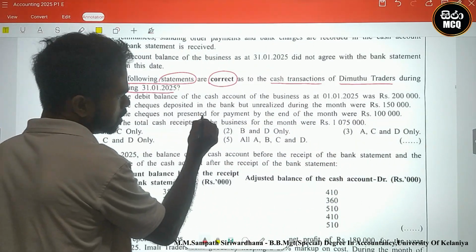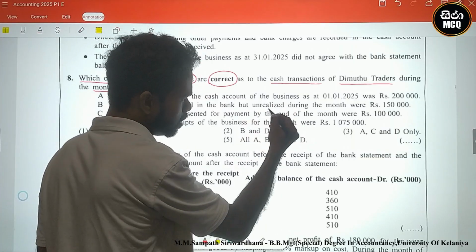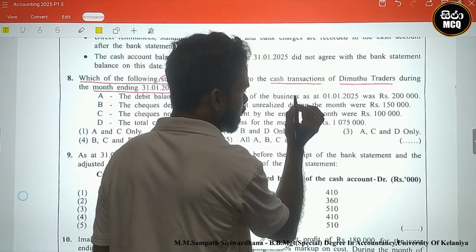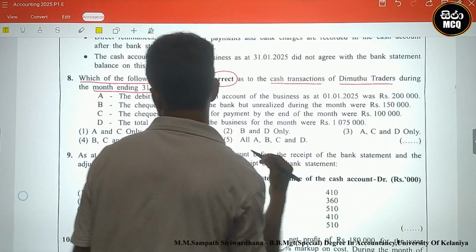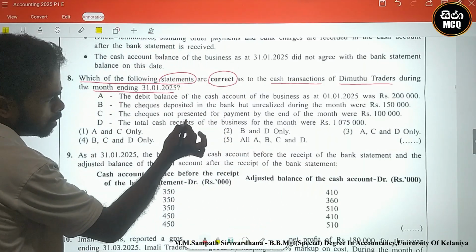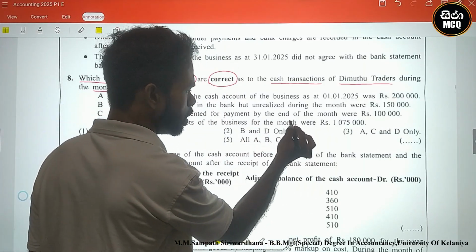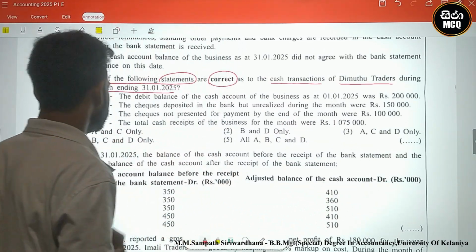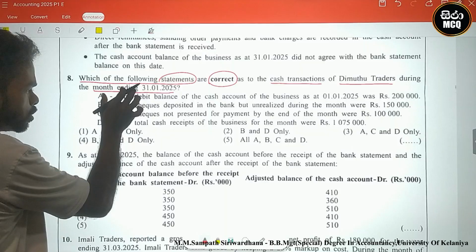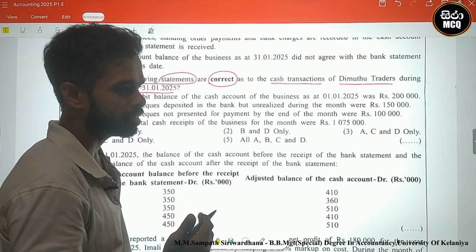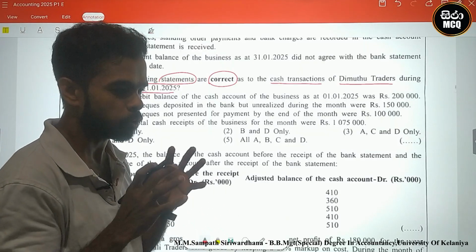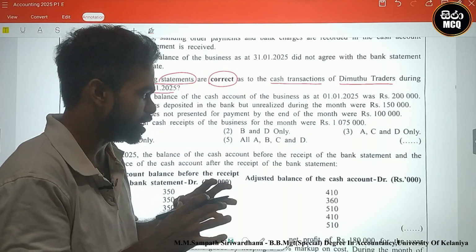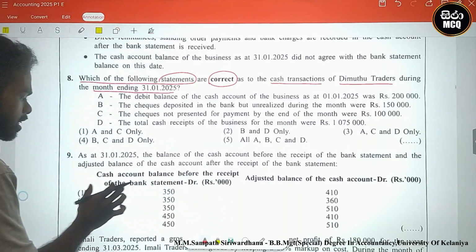The cheques not presented for payment by the end of the month were 100,000. The total cash received by the business for the month was 1,075,000. There are so many statements there. We must calculate so much information to identify the correct answer.